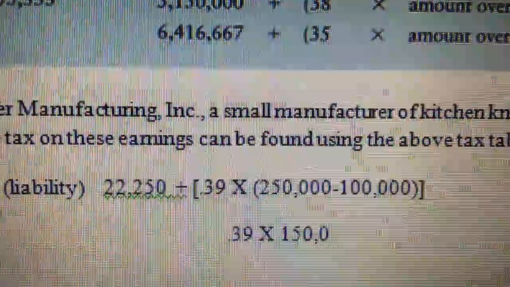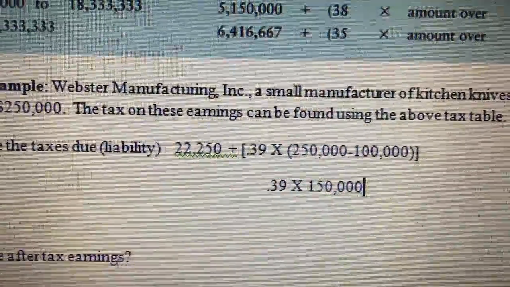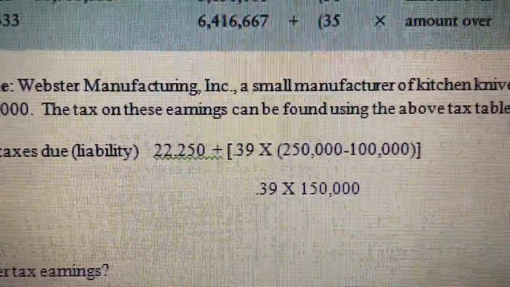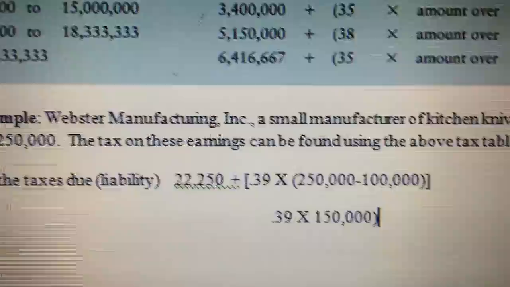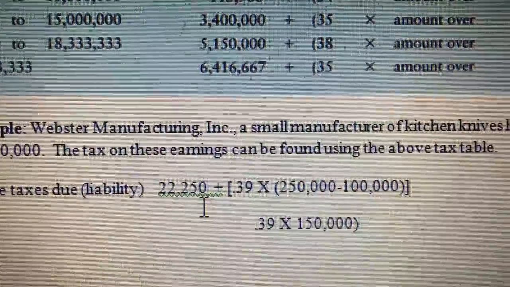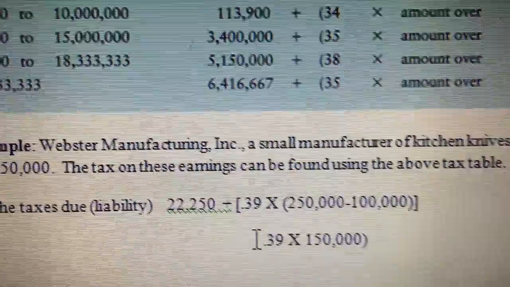$150,000. Okay. And then we're going to add that to the 22,250.